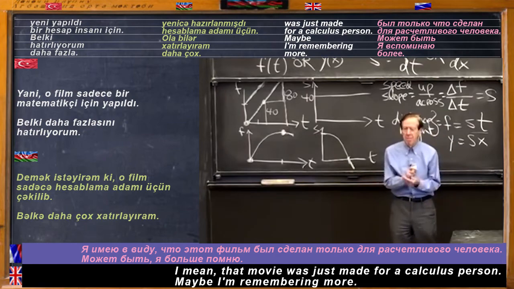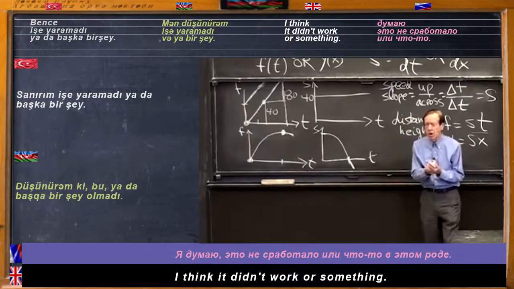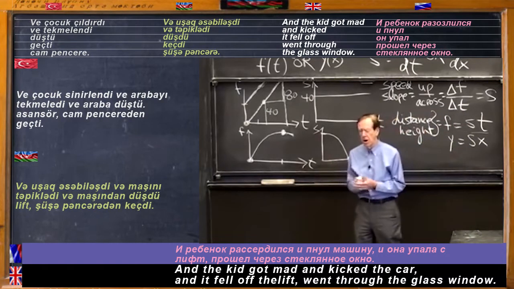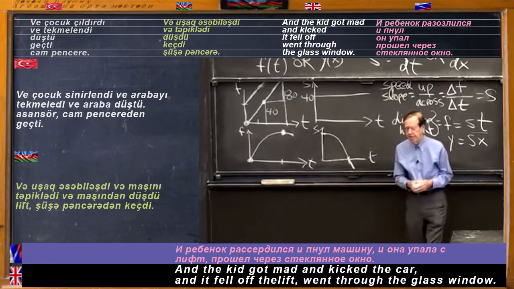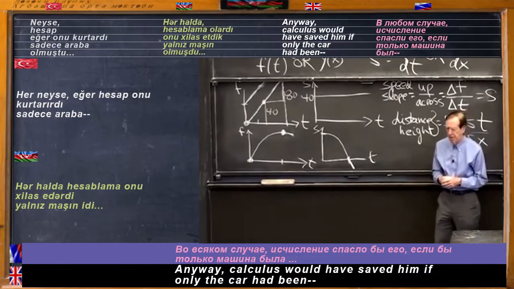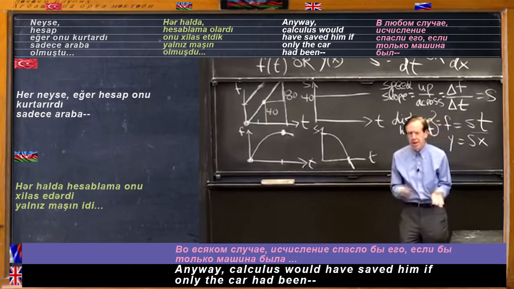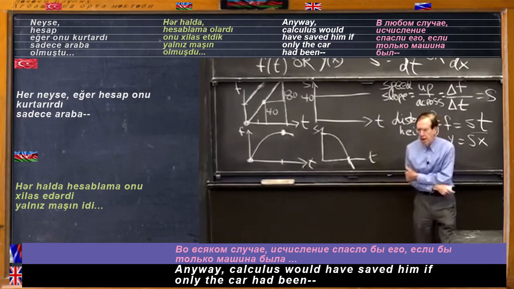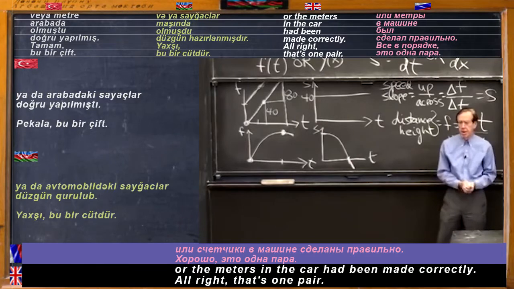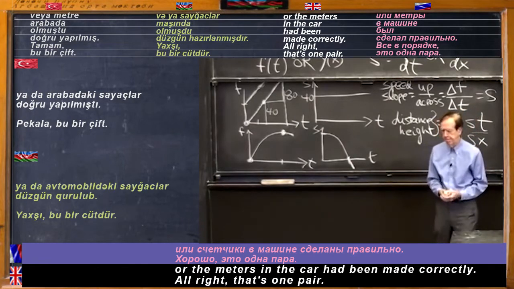Maybe I'm remembering more. I think it didn't work or something. And the kid got mad and kicked the car, and it fell off the lift, went through the glass window. Anyway, calculus would have saved him if only the meters in the car had been made correctly.